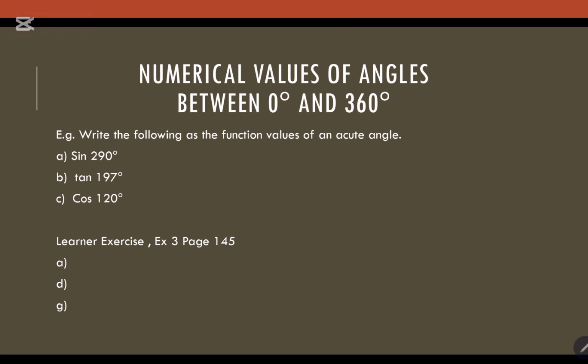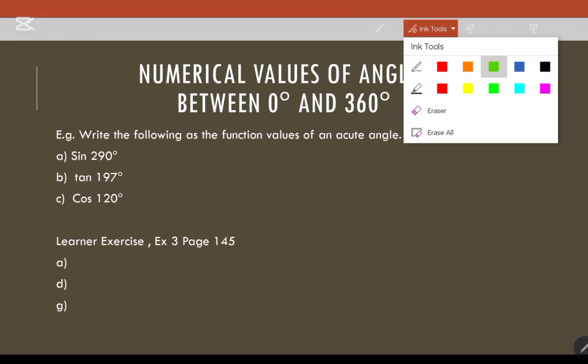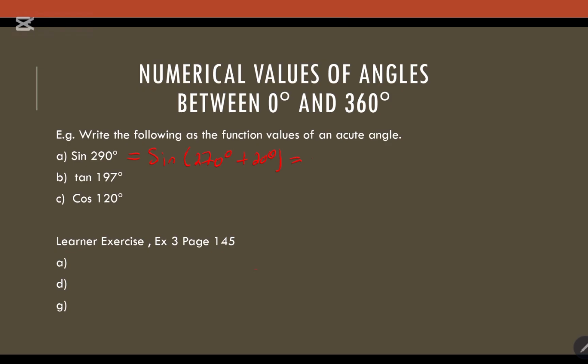If we say 270 plus 20, that will give you 290 degrees. So this angle is in the fourth quadrant, where only cosine is positive. So since this came from sine, this is negative cos 20 degrees. So this will be the reduced value of this.